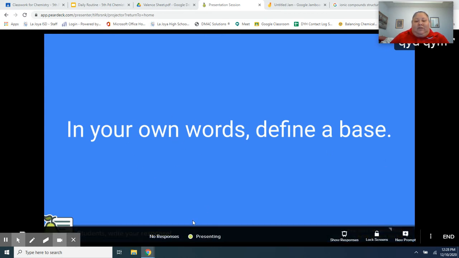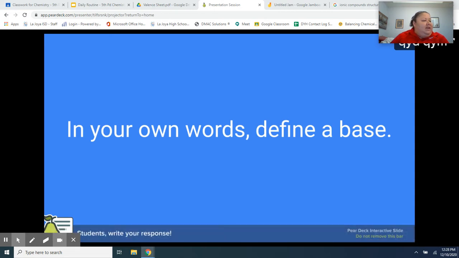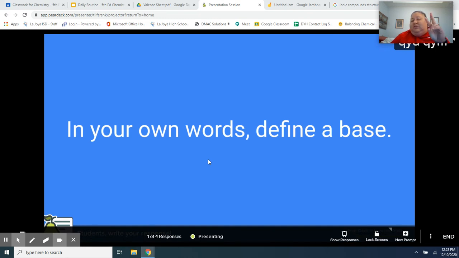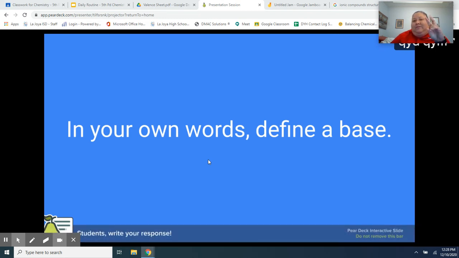All right. No responses about the definition of a base? Come on, guys. What about in the Google Meet chat? Oscar, Irvin, Mario, Efrain, Kevin. What is the definition of a base according to what we just talked about? Remember, there were two main points. What was the first point? What type of compound is a base?